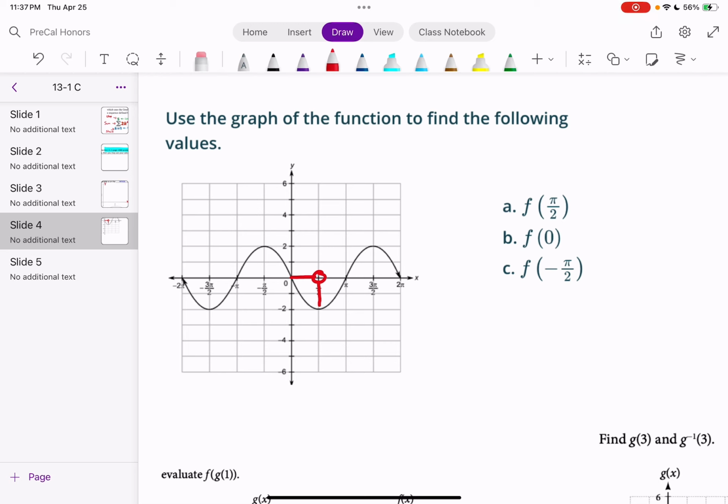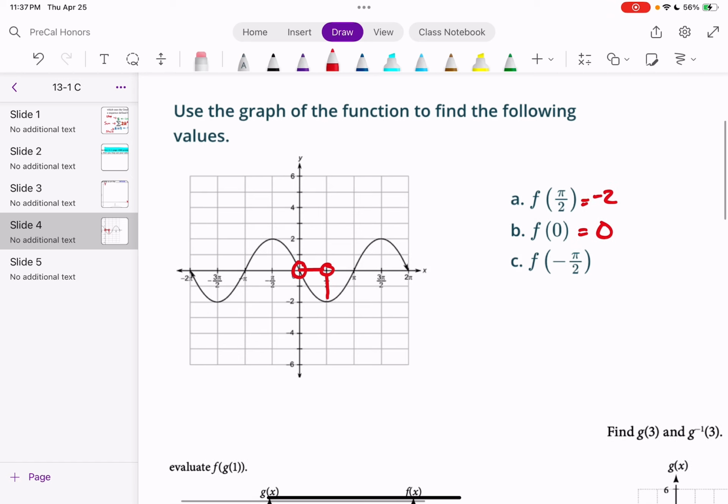In this case, this would be equal to negative 2. Let's find f of 0. Now in this case, f of 0 would be at 0. And when we look at f of negative pi over 2, in this case, negative pi over 2 would be here. Notice that would give us a positive 2.